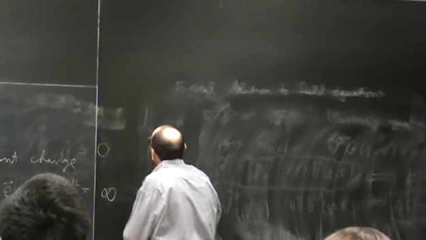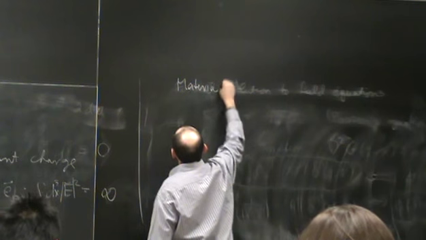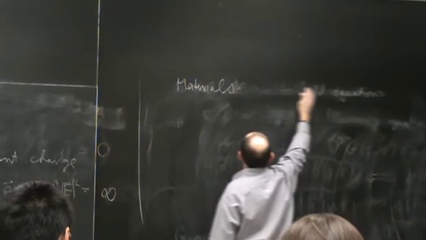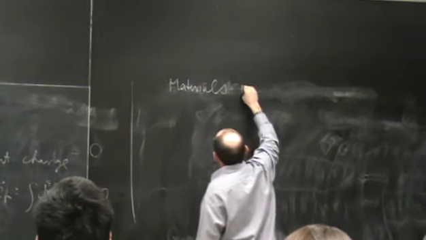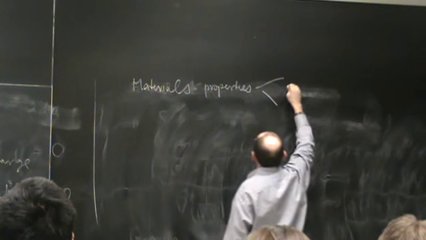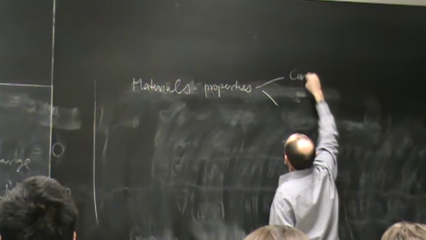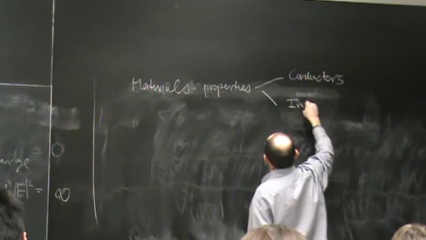And loosely speaking, in terms of electrostatics, we divide these materials into two classes, the conductors and the insulators.